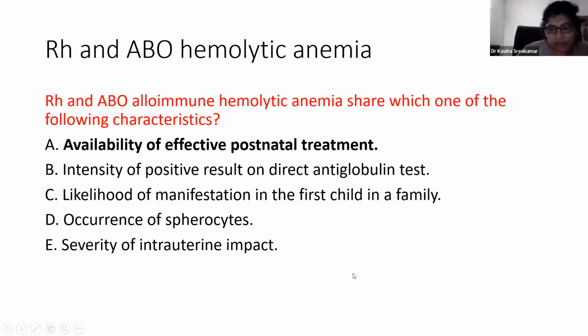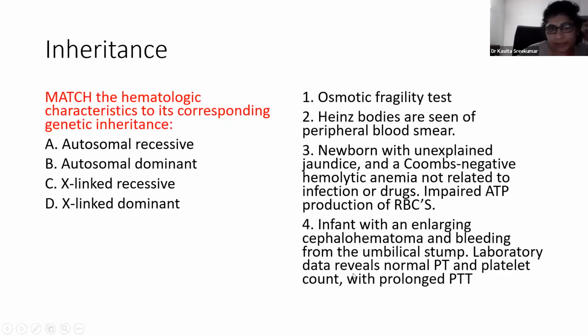So I have one more, this is a little tricky one. So I will give you 2-3 minutes to answer. You have to match the following. These are some of the reasons why you will have jaundice in babies. So you have to tell me which test and which inheritance. So you can be like 1B or 2C, that kind. So you have to have 4 answers when you give your answer. So all of you type all 4 answers together.